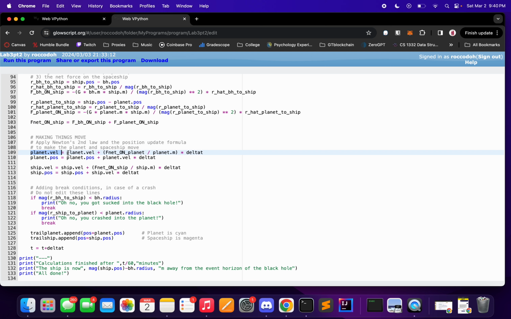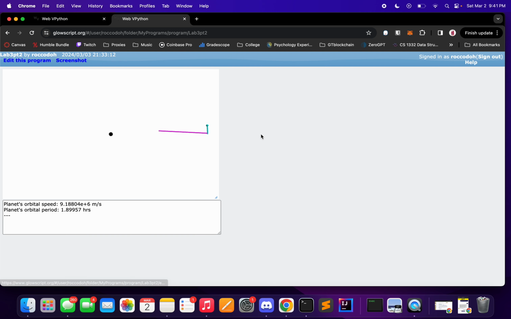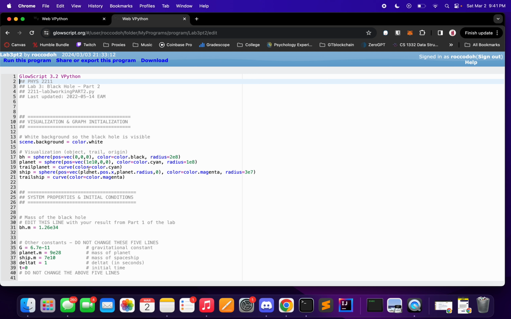And then right here at each iteration, we're going to be using the velocity and position update formulas to actually update each component's motion. So we take that into account. Then if we run this, we see that it will just miss it.